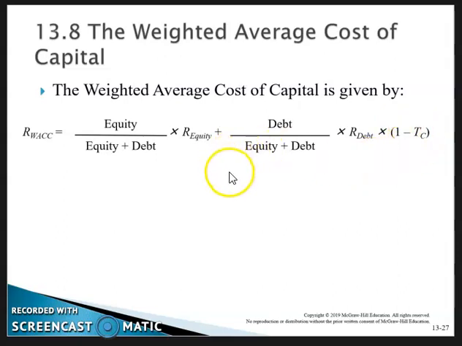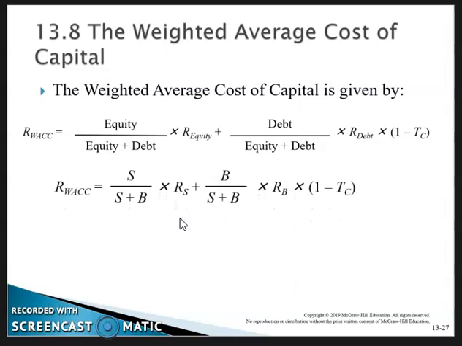If we had preferred stock in here, we would add the weight of the preferred stock multiplied by its required rate of return. So we'd have 3 entries instead of 2. But the math doesn't change.